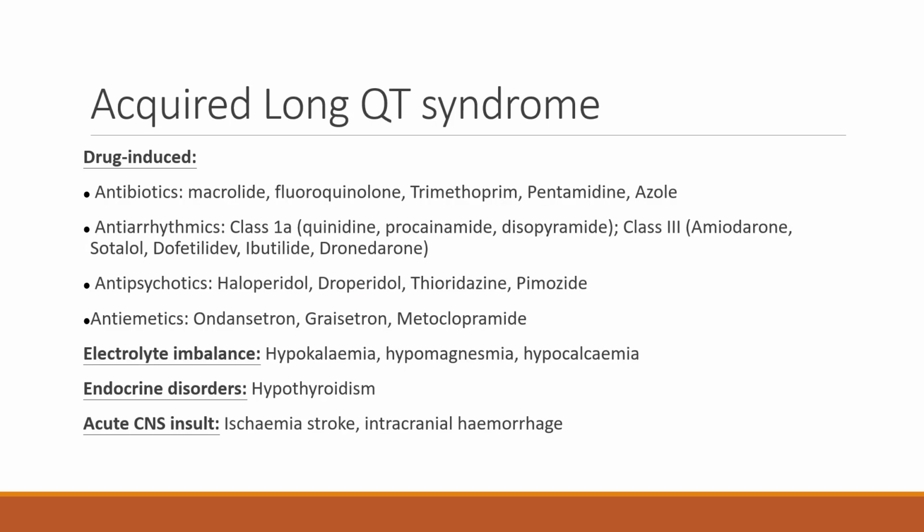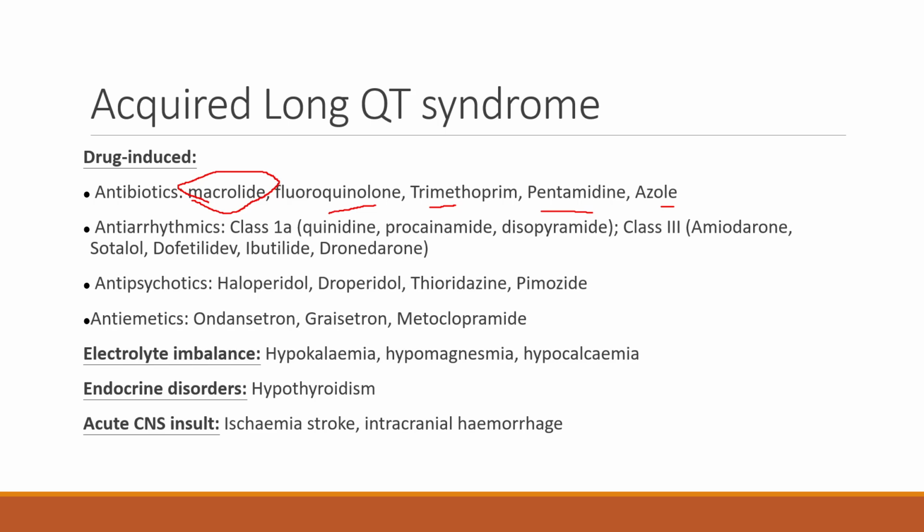And I would also like to have a small list of what those acquired long QT syndrome causes are, because as for this patient, his cause was obviously antibiotics, I would like to mention other causes. So we have a list of antibiotics here and also here. These are all common antibiotics we're going to use. This is an antifungal, by the way, so be aware.